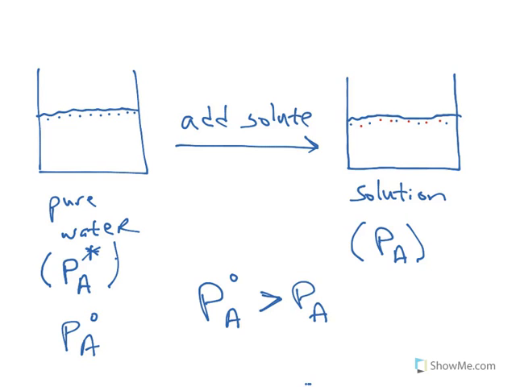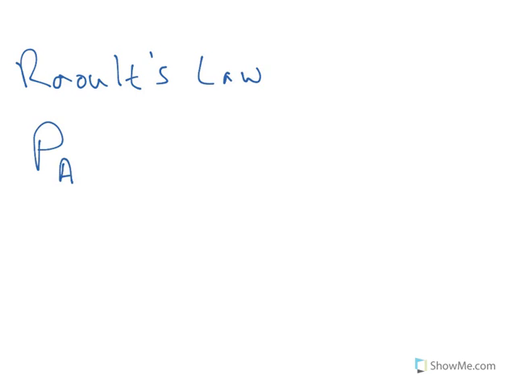This can actually be defined by a mathematical equation called Raoult's law. Raoult's law says that PA is going to be equal to the mole fraction of A times P naught A.